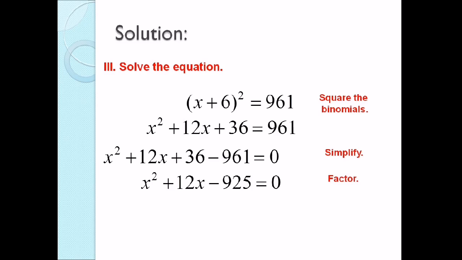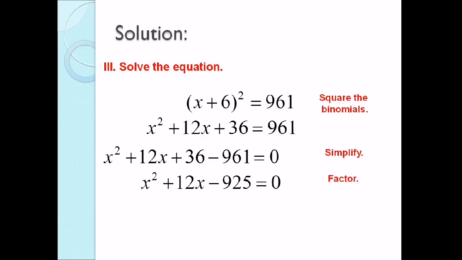Same rule, we take the last term, which is negative 925. We look for factors that, when added, give 12. The number is large, so it is somewhat difficult to get the factors that give a sum of 12, because there are several factors of negative 925.